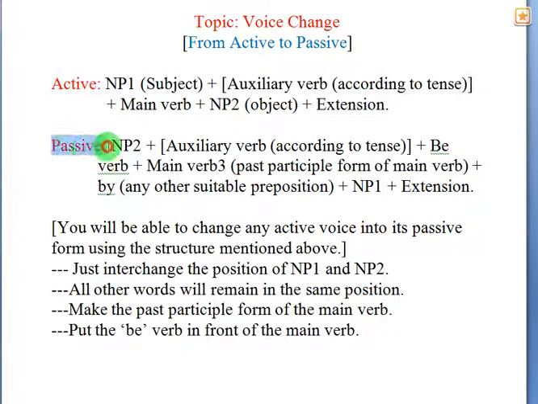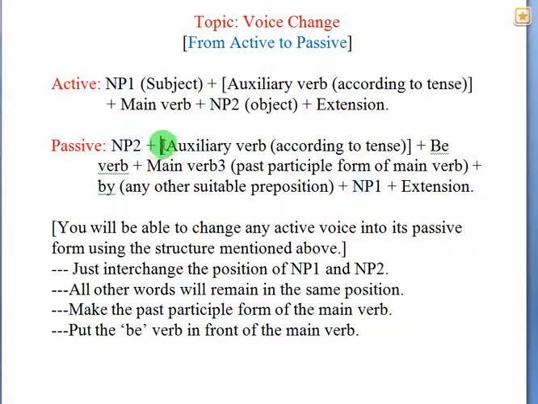And if we turn it into passive, first of all we will have to exchange the places of subject and object. Just notice NP1 and NP2, that means subject and object have interchanged their position.